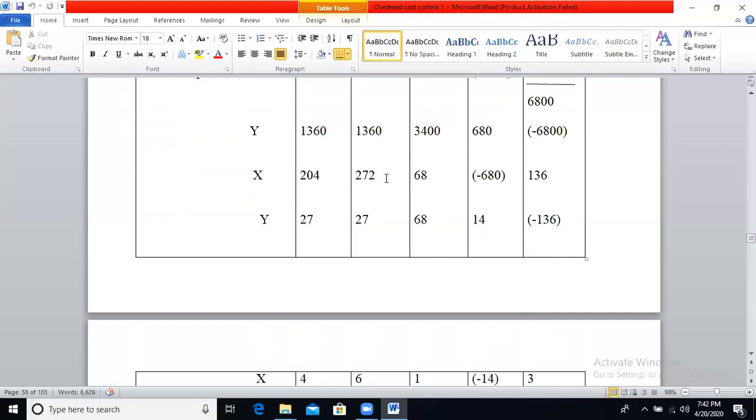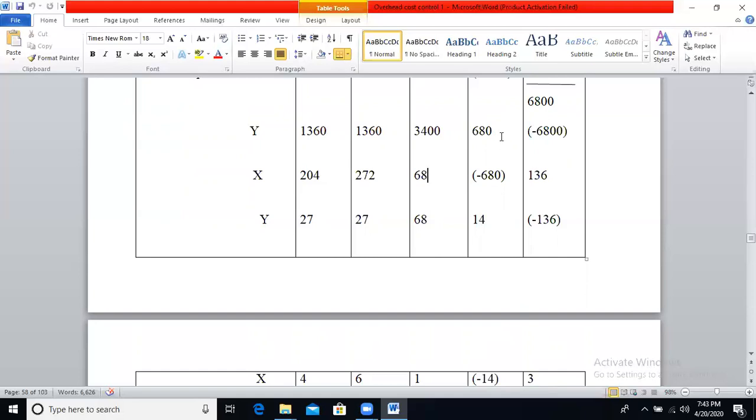And for department B, 680 into 40%, you will get 272. And for department C, 680 into 10%, you will get 68. So total all the three production department values, 204 plus 272 plus 68, you will get 544. If you deduct from 680, the remaining value of 136 should be reapportioned to the Y department.